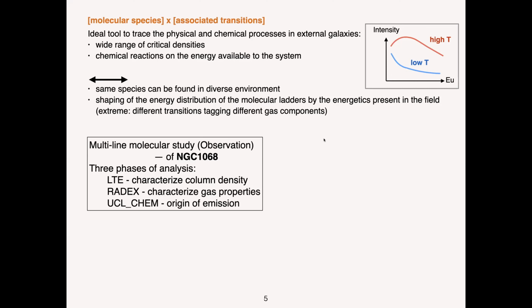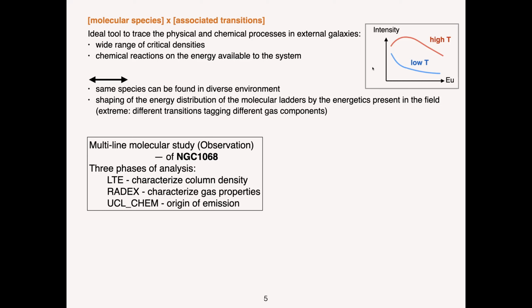At the same time, for individual species with different J transitions, the shaping of the energy distribution over different J's also depends on the energetics present in the field. For example, in the schematic I present here, you will have a different trend in a cold or hot environment. It also depends on the physical conditions of the field.